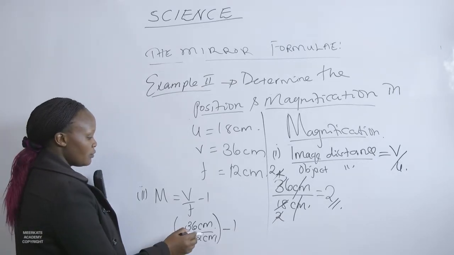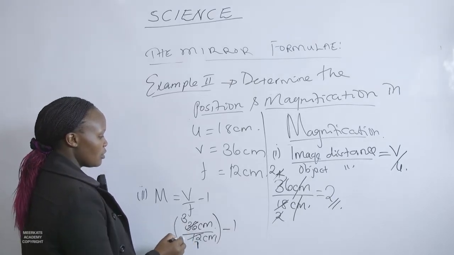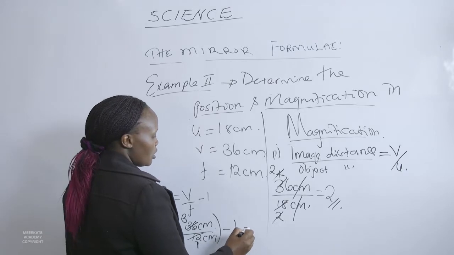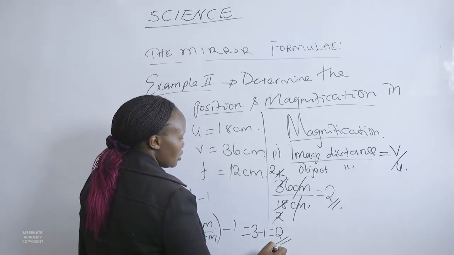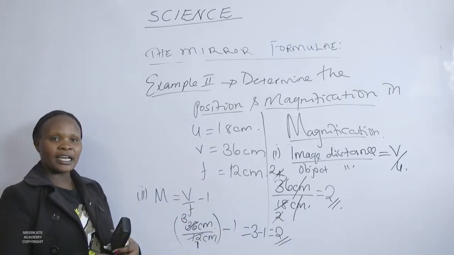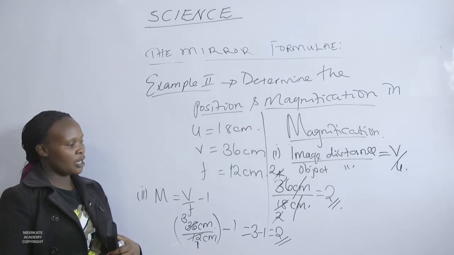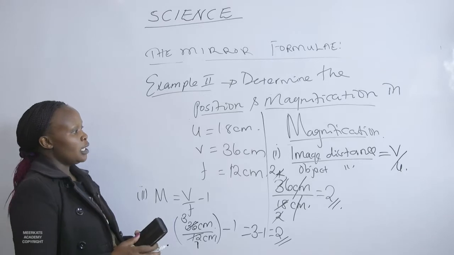Cancel by 12, by 12, 1, by 12, 3, so that this one will give us 3 minus 1, and we are back to our 2 as linear magnification. We have 2 as our linear magnification.